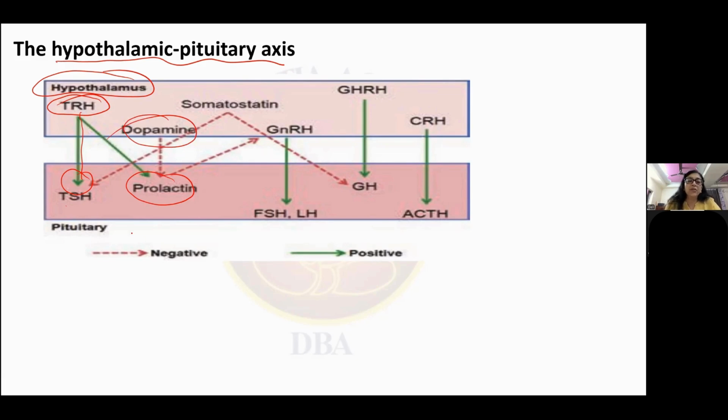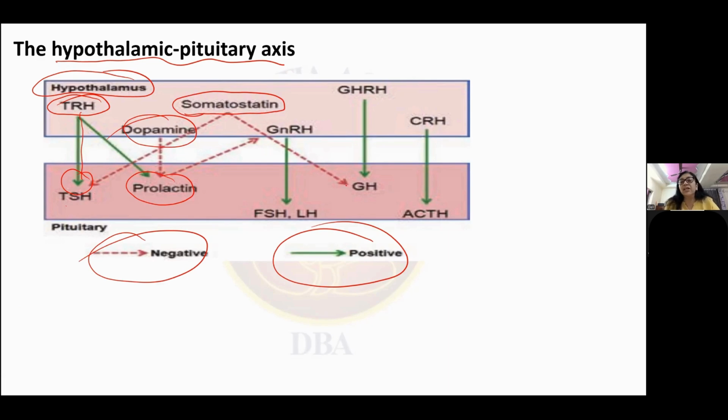The red arrows mark negative, that is inhibition, and the green arrows mark positive, that is stimulation. So dopamine will inhibit prolactin. It keeps prolactin under inhibition. Similarly, somatostatin from the hypothalamus causes inhibition of the TSH as well as the growth hormone. So somatostatin also keeps the two hormones under inhibition.